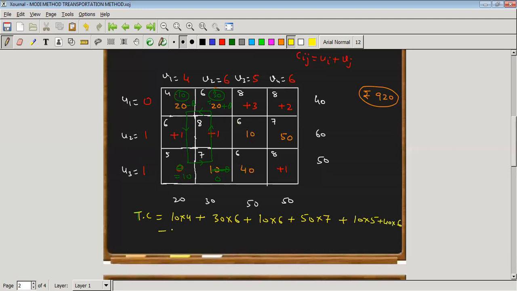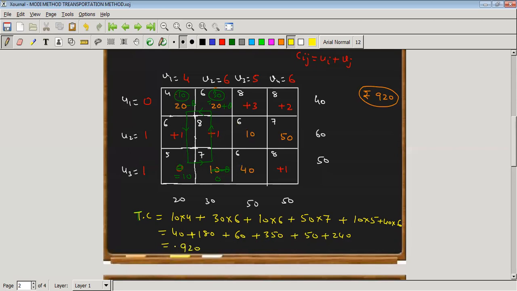So this is equal to 40 plus 180 plus 60 plus 350 plus 50 plus 240. So this is equal to 220, 280 and 580, 630, 680 and 920.